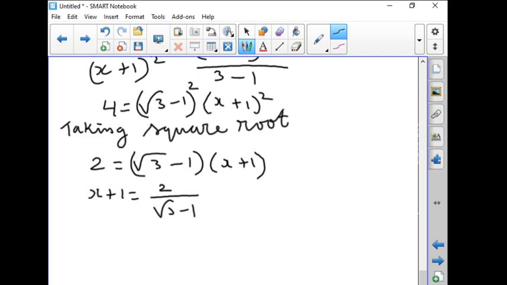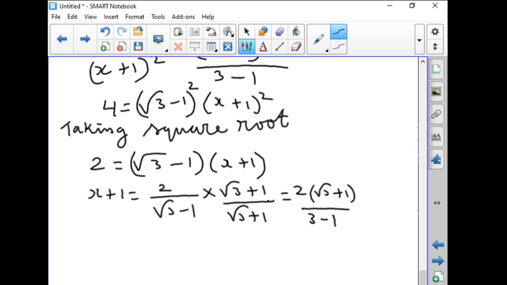So again you rationalize. So this is root 3 plus 1 by root 3 plus 1. So it is equal to 2 into root 3 plus 1 by 3 minus 1. Okay.